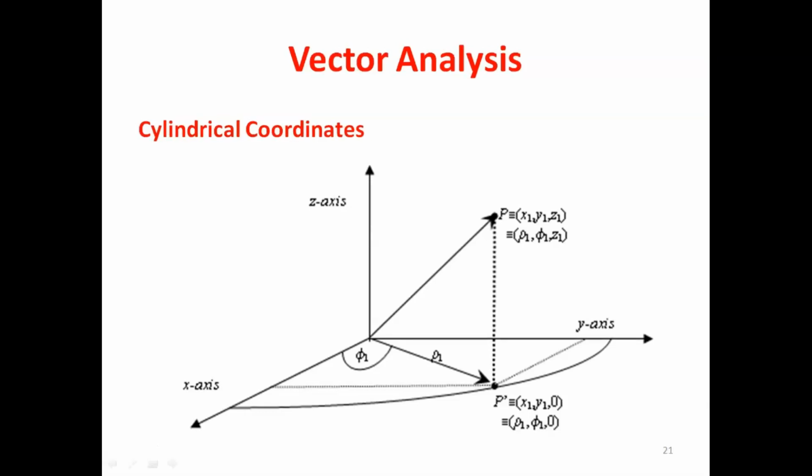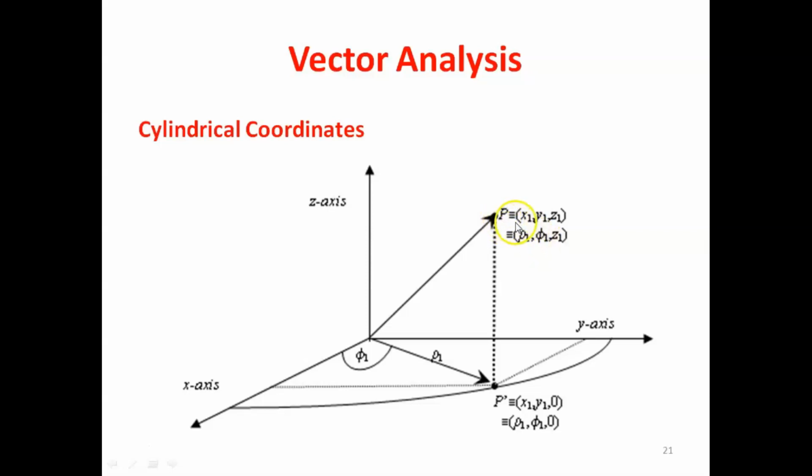Before discussing the spherical coordinate system, we need to discuss one more coordinate system, which is known as the cylindrical coordinate system. In this coordinate system, we have the same definition of rho and phi. In addition to that, we are introducing the third coordinate z.